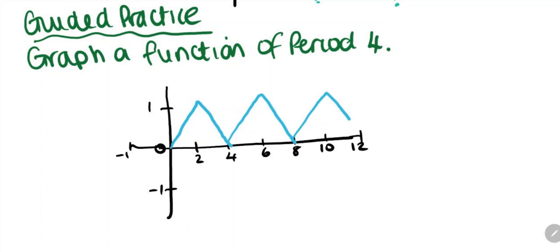It's going to go up, and it's going to come down. If we're looking at when the pattern repeats, we're looking at this distance here, from 0 to 4. So the period is 4.